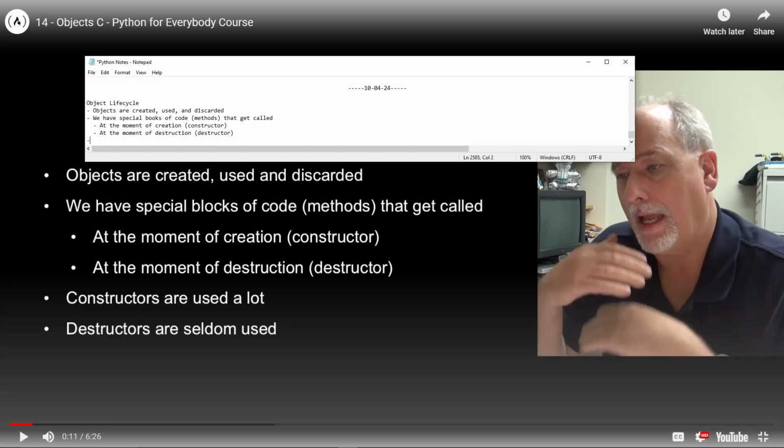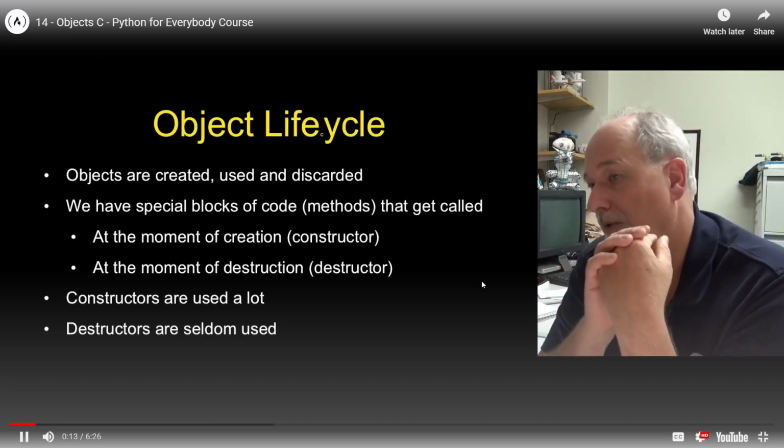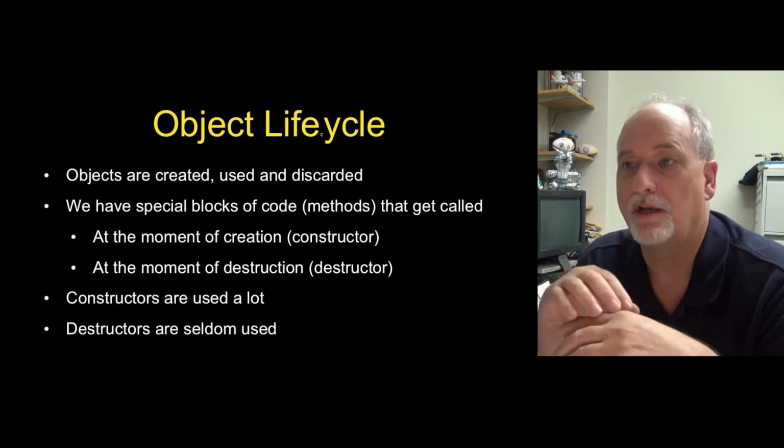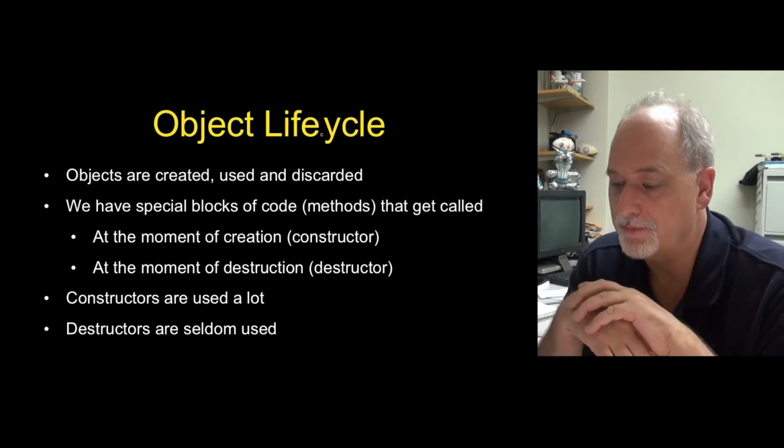Constructors are used a lot. Destructors are seldom used. Constructors are used frequently. Destructors are rarely used. When we declare a variable, whether it's a string or a dictionary or a party animal, we create them and then they're discarded, and there's all this dynamic memory that comes and goes.